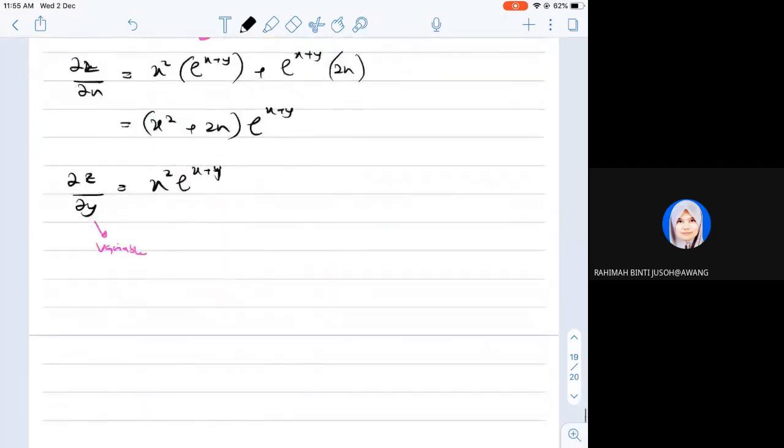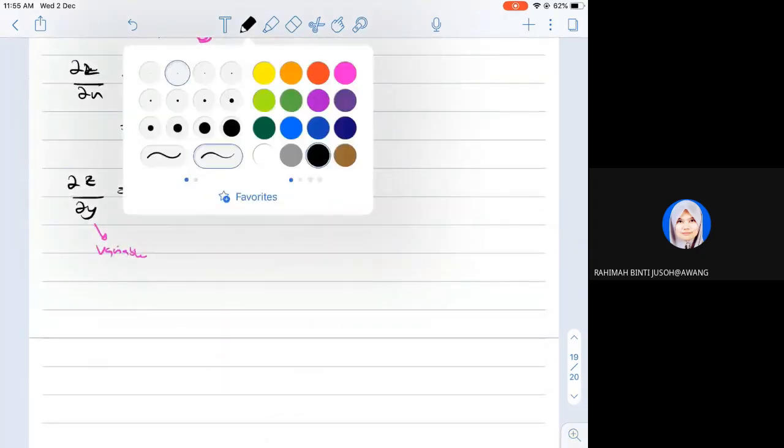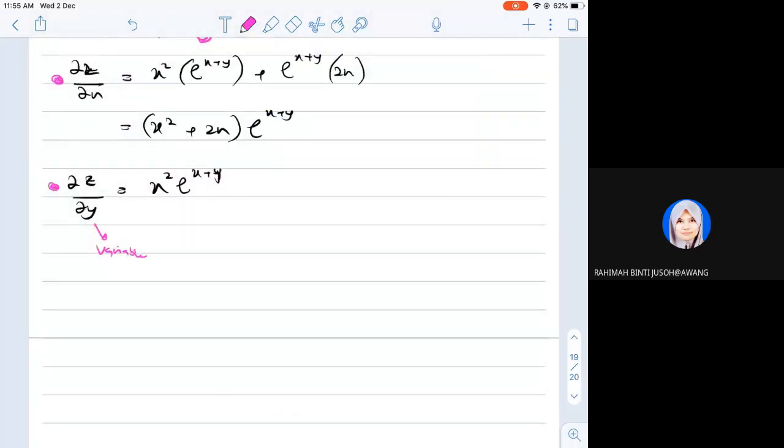So next, del x over del r. x equals to r cos theta. So del x over del r should be differentiate x with respect to r.